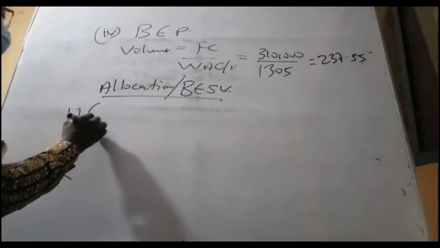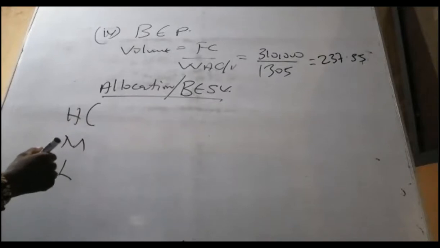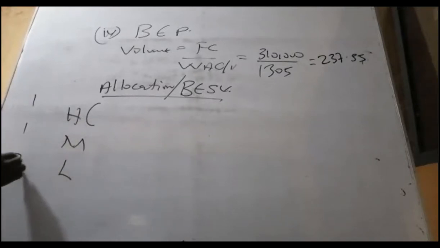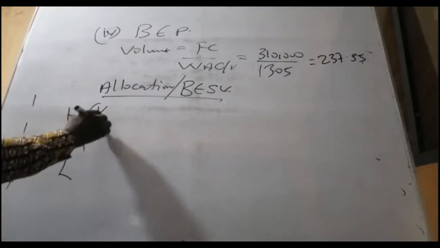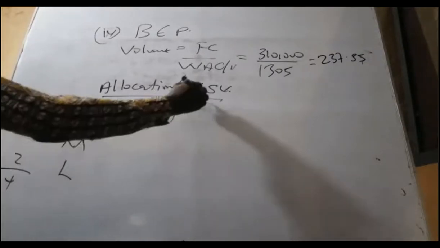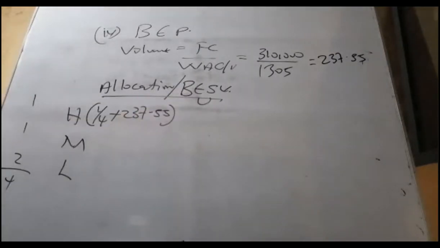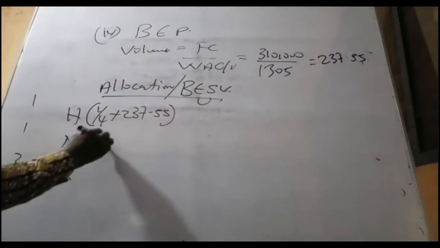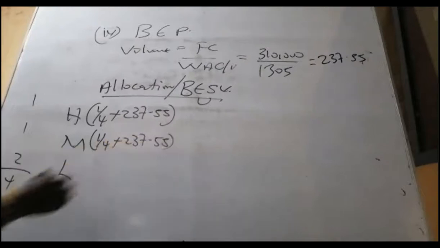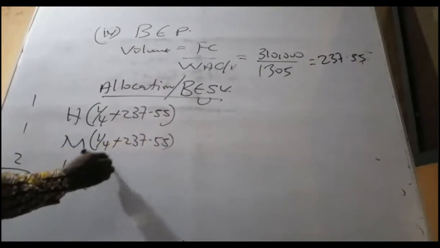Next, check your calculator. What's the mix? The mix is 1:1:2. So that will be a total of what? 4. So 1/4 times 237.55. Any answer for me? And then you do the next one the same way. Then you give me the last answer. That means I'm writing it down.